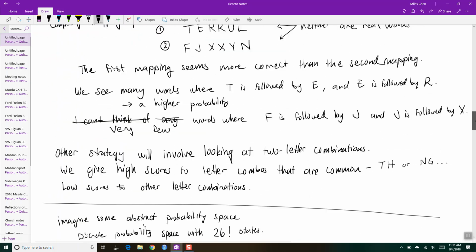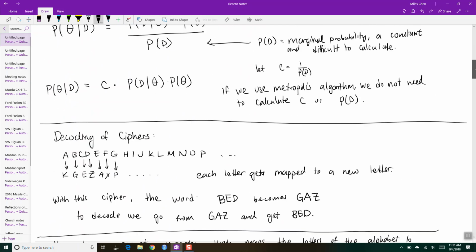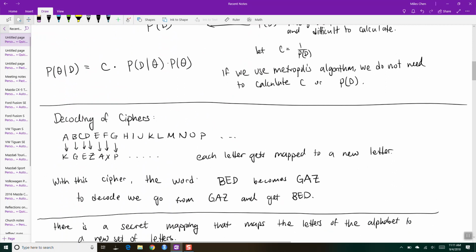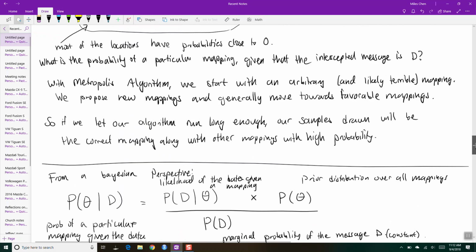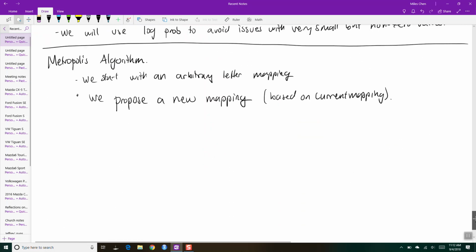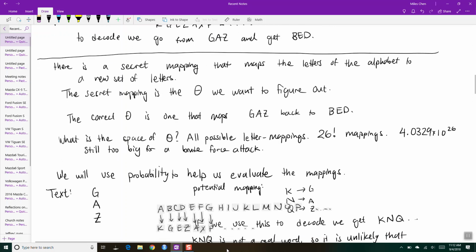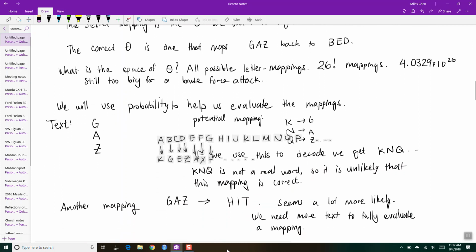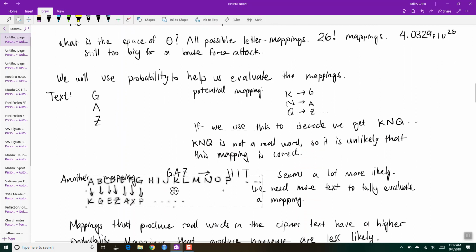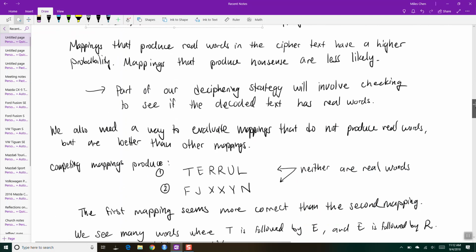So let me just scroll back. Let's say this is my current mapping. Copy that. Does this work? Oh, geez. This is going to take forever to scroll down.